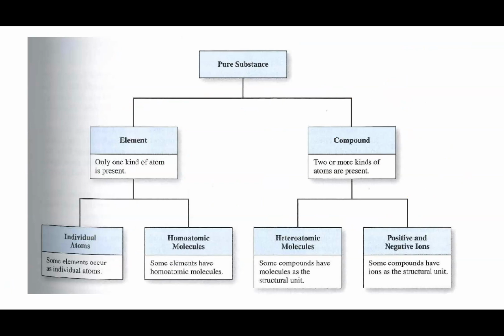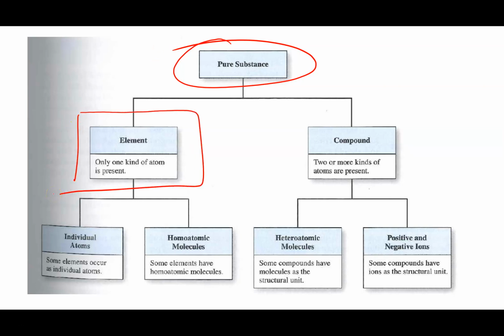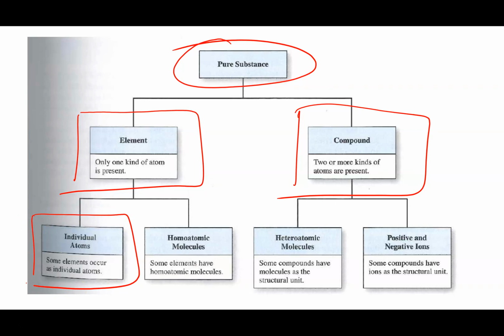Okay, so now we can break down our pure substances into multiple different types beyond element and compound. Previously we were saying that we had elements where we had only one kind of atom present, and compounds where we had multiple types of atoms present in our pure substance. Now we know that the majority of elements are made of individual atoms that are not chemically bound to one another.